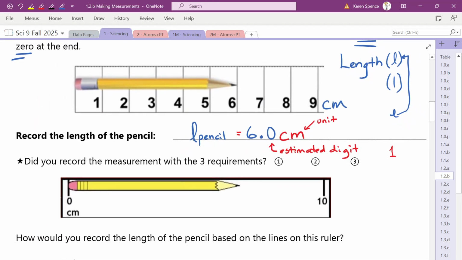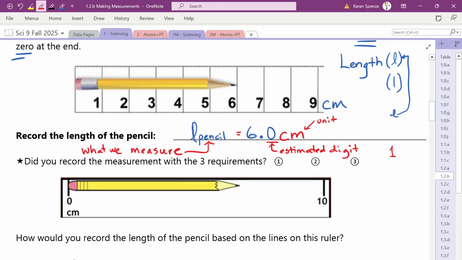Did we record the three requirements? Yes, we did. We have what we are measuring, what we measure. We have our estimated digit, and we have our unit. And when you write the quiz on this, I will literally give you 1 mark for writing length of pencil.